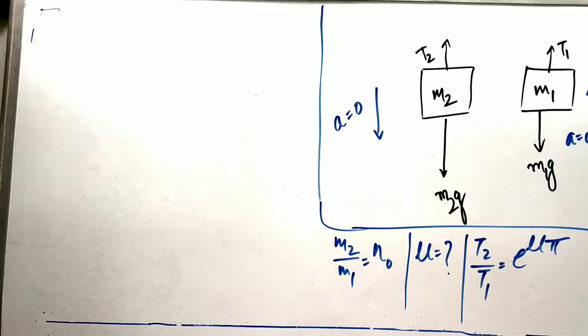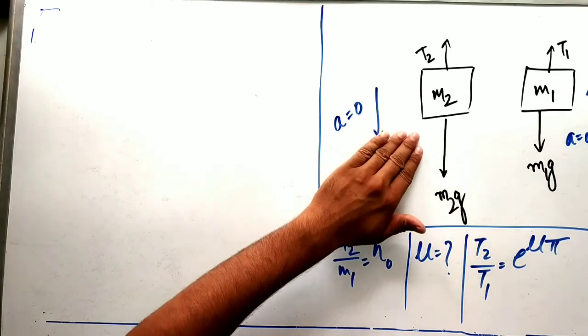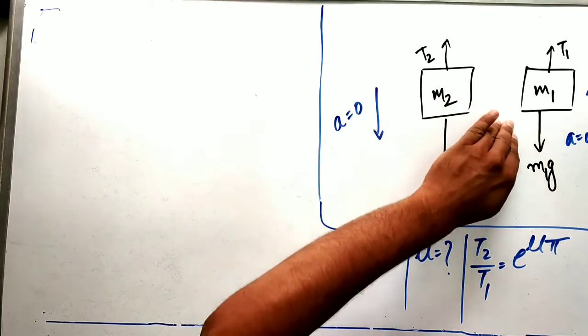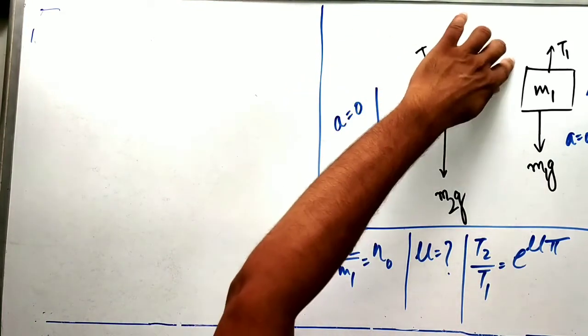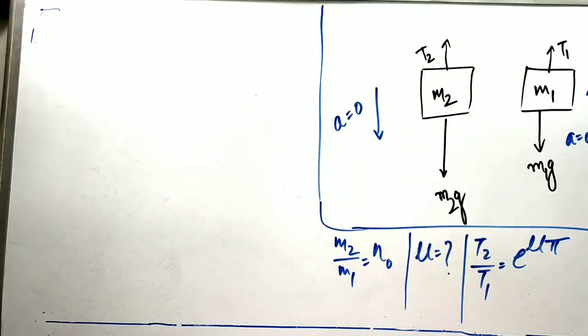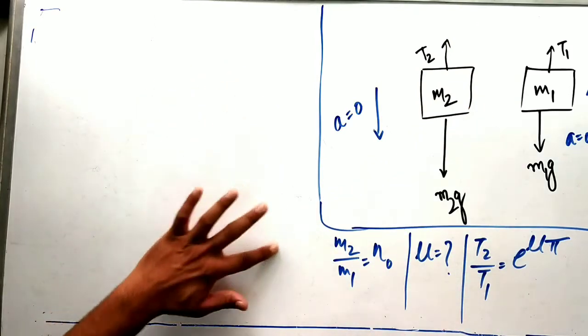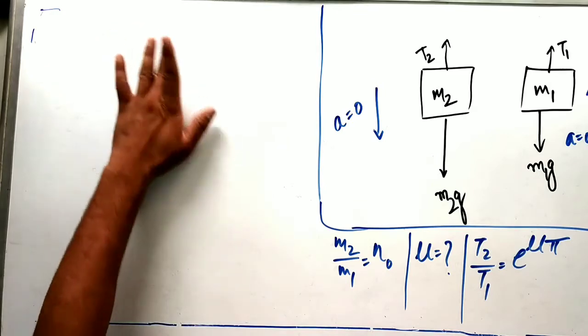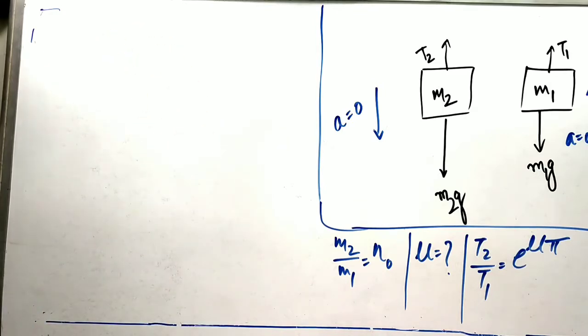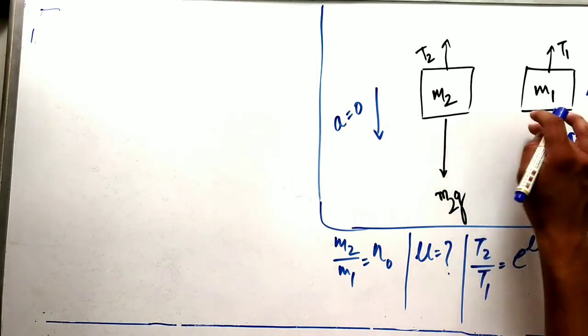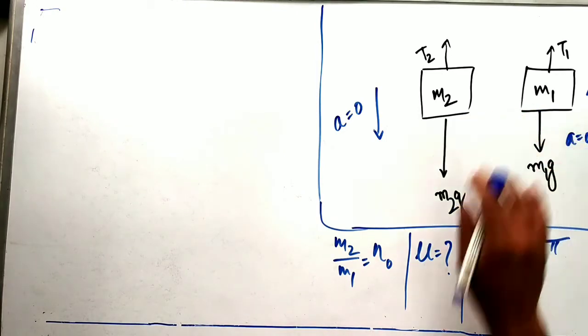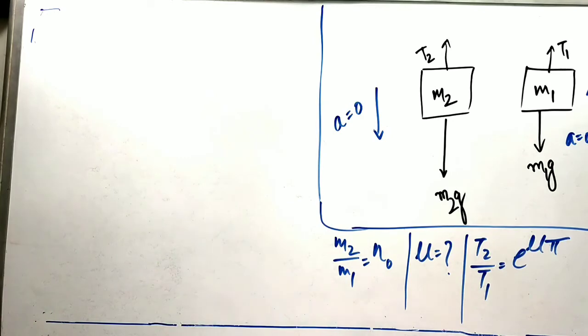Now, if we draw the free body diagram of the masses M2 and M1, we see that there are two forces acting on each of them. Also, the condition here is that the thread starts slipping. At that point of time, the motion of these two bodies has not started. It's about to start.